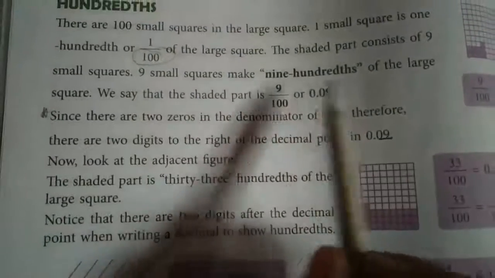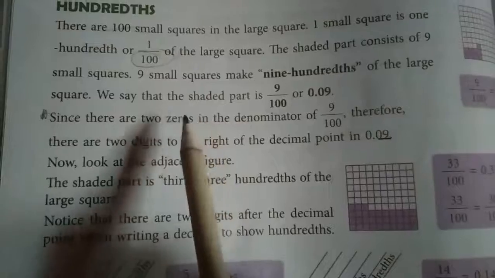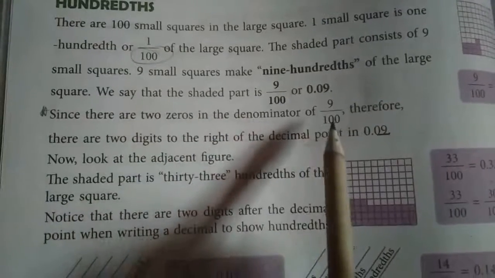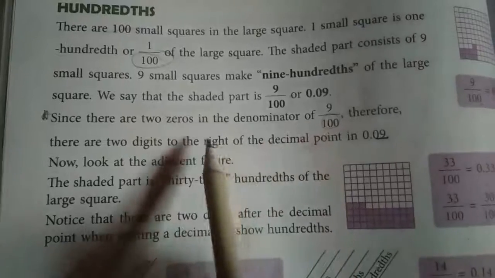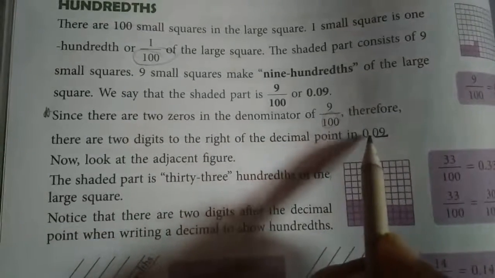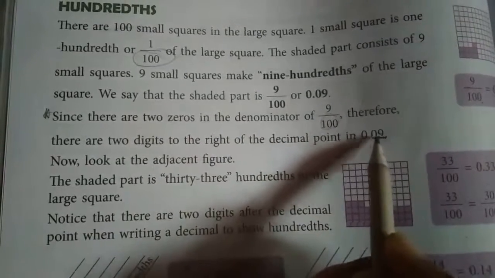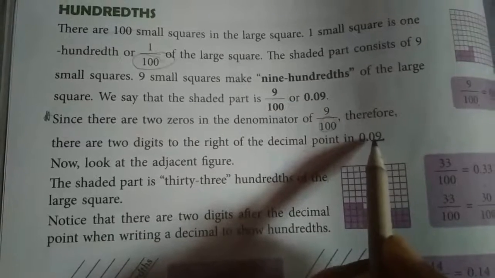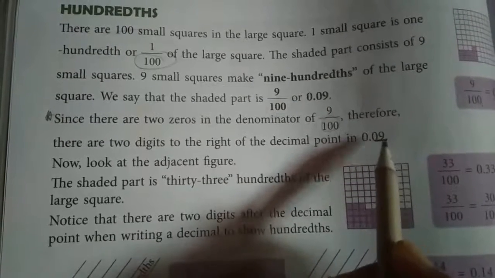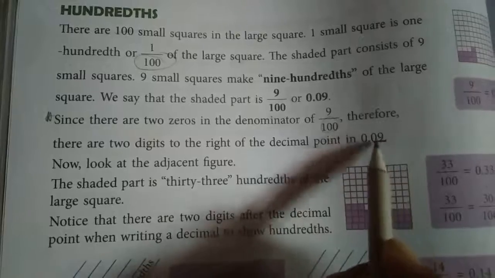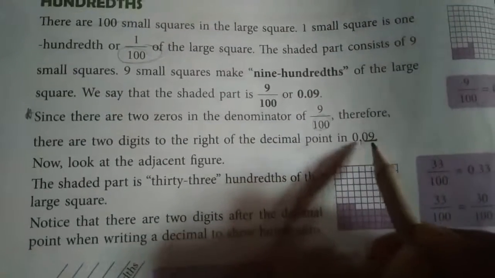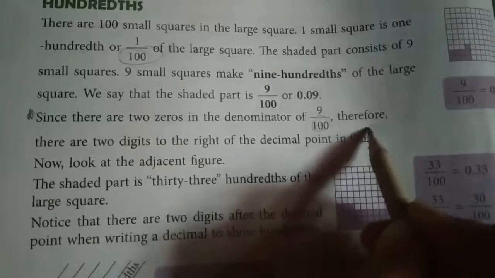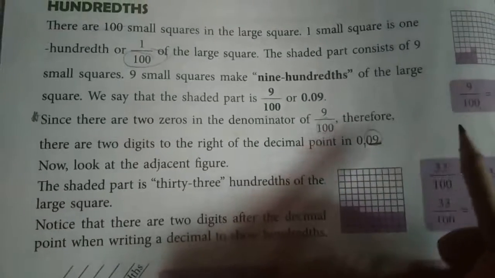When we talk about hundredths, since there are 2 zeros in the denominator, there will be 2 digits on the right side of the decimal. See, here is the decimal point, and after the decimal point there are 2 digits.